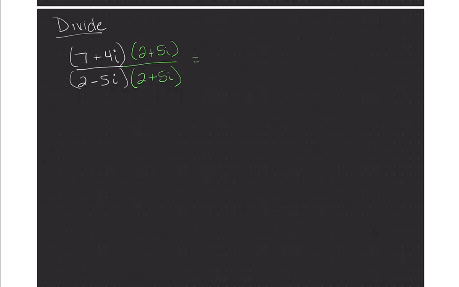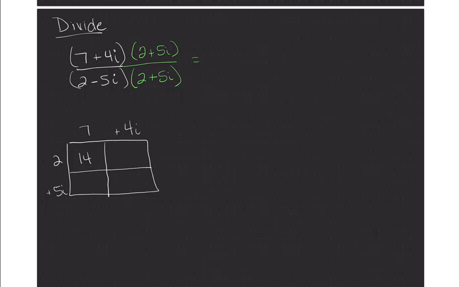Area model. You guys like area model? We'll do the top with the area model, and then we'll do the bottom maybe with FOIL. So on top I'd have 7 plus 4i, and then 2 and a positive 5i. You don't have to put the plus there if you don't want to. We're going to get 14, 8i, 35i, and 20i squared.